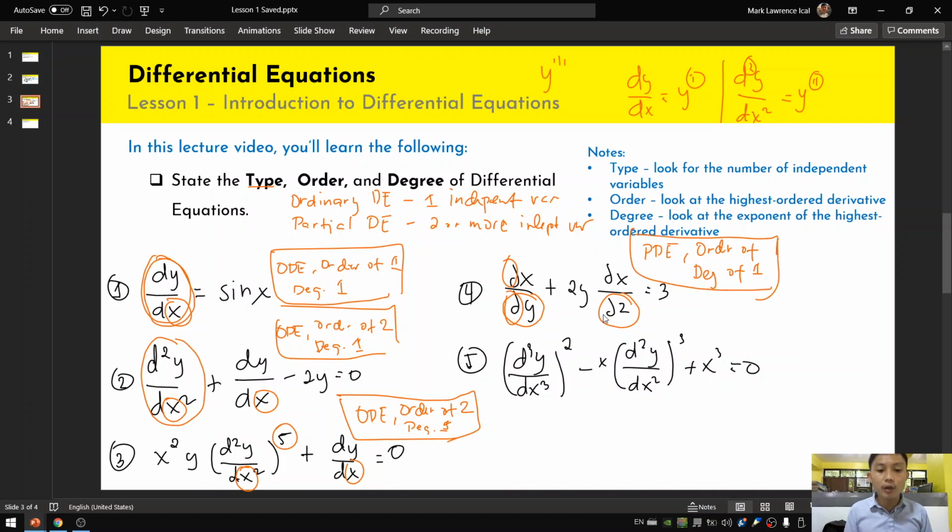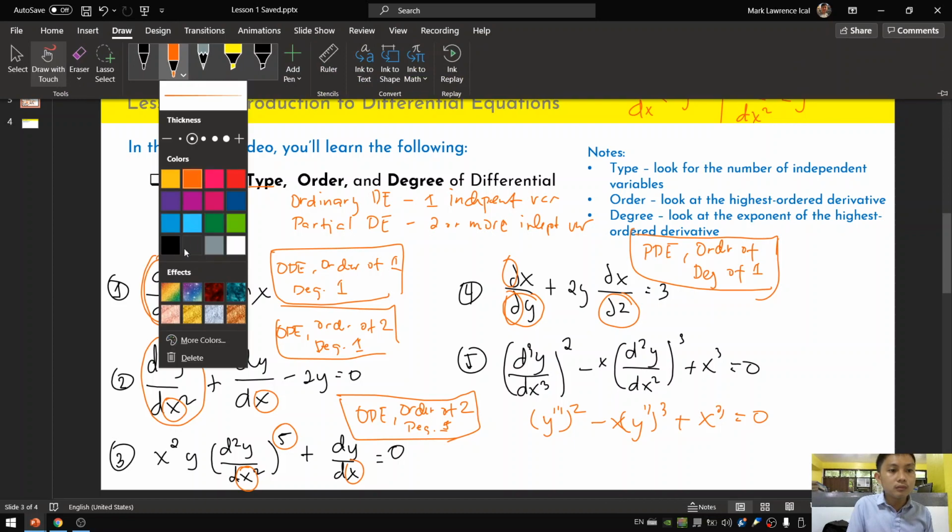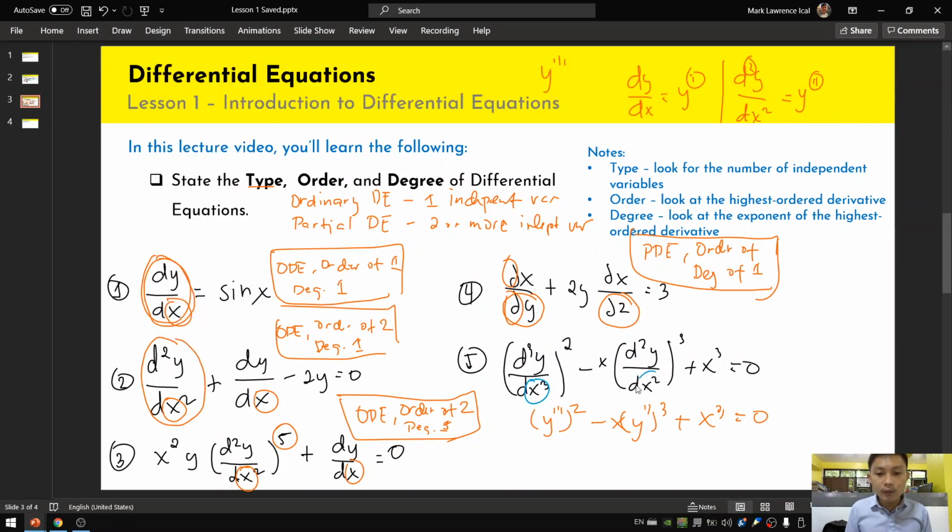Okay, for the last item, we have d cubed y. If we rewrite this one, we see y triple prime squared minus x y double prime cubed plus x cubed is equal to 0. Actually, this is the technique so you won't get confused. Again, what type of DE is this one? You only see 1 independent variable.